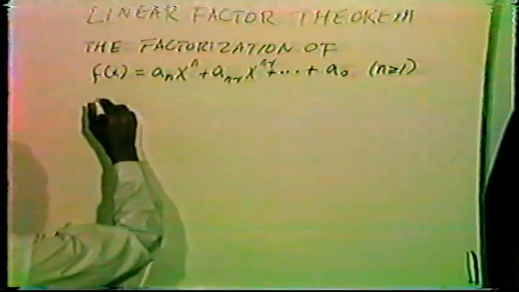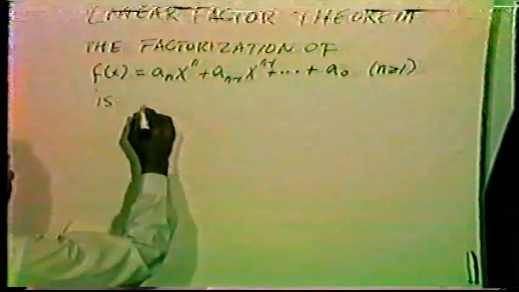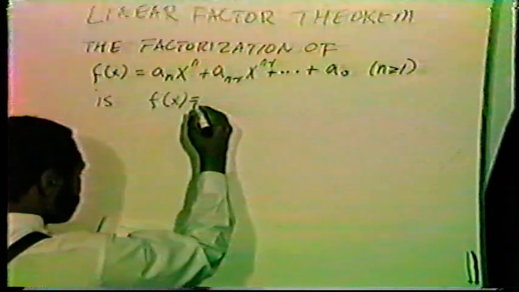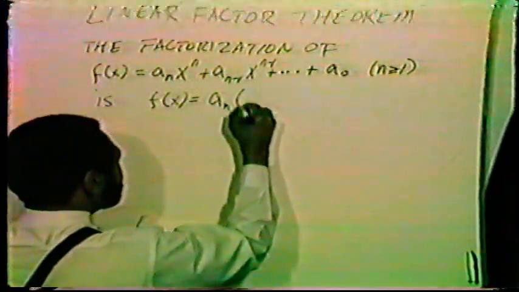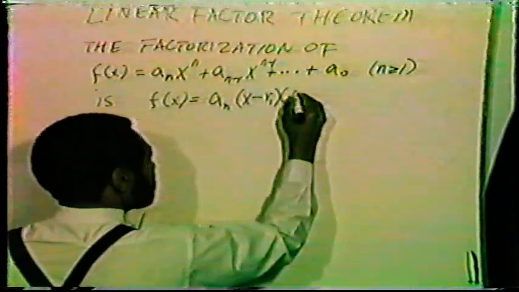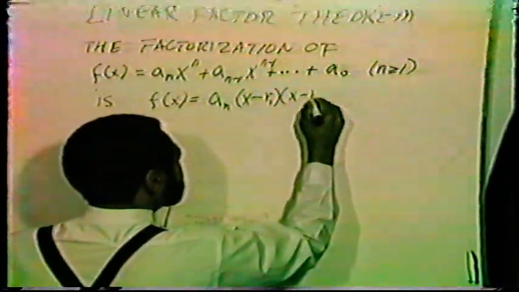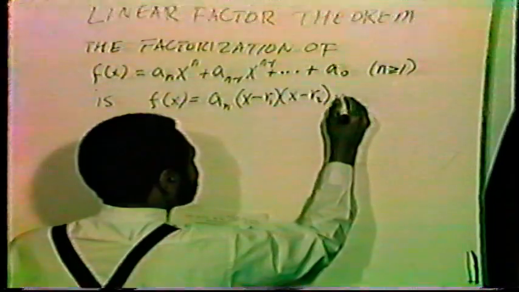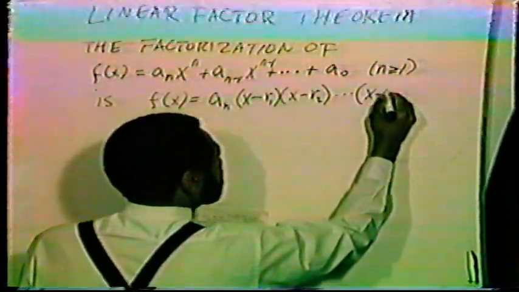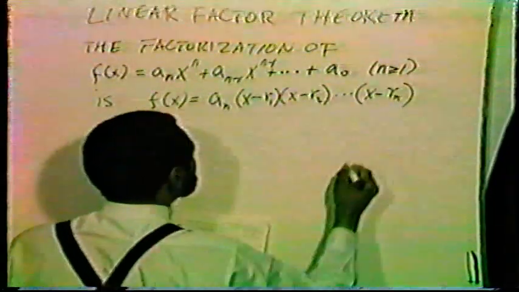The factorization is f of x equals a sub n times x minus r sub 1 times x minus r sub 2 dot dot dot times x minus r sub n.